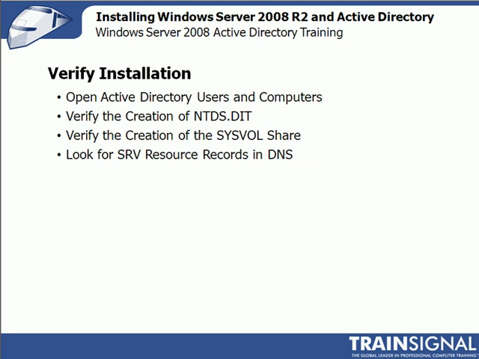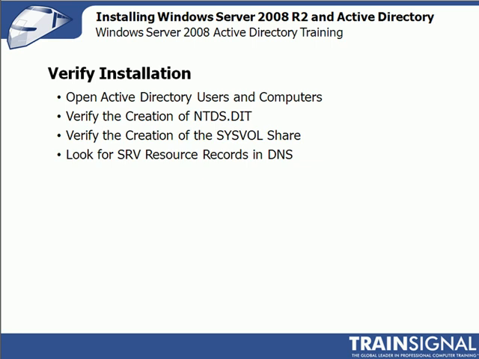I have firsthand experience of somebody who went in, installed Active Directory, thought that it had installed just fine, went forward and began installing additional domain controllers and doing other things, only to find out that the original domain controller had not installed correctly and had a lot of work to do as a result of not verifying, which you'll see when we verify.